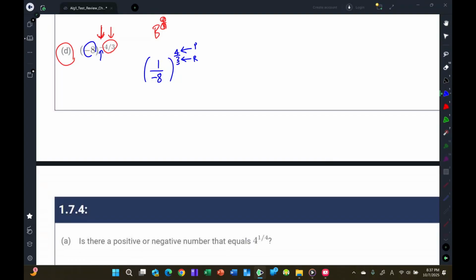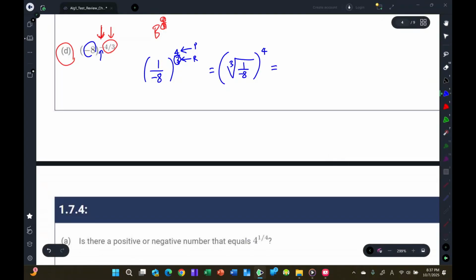So let me do cube root first, right? So it's going to be cube root of 1 over negative 8, and then I'm going to power that by 4. Now, when you have cube root of the entire fraction, you know I can separately write cube root on the top and on the bottom, right?